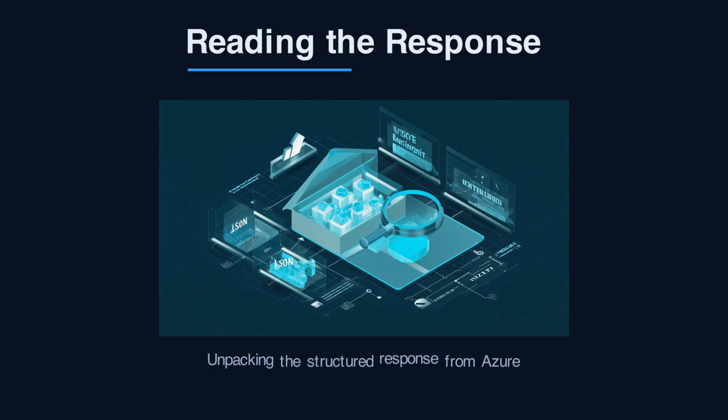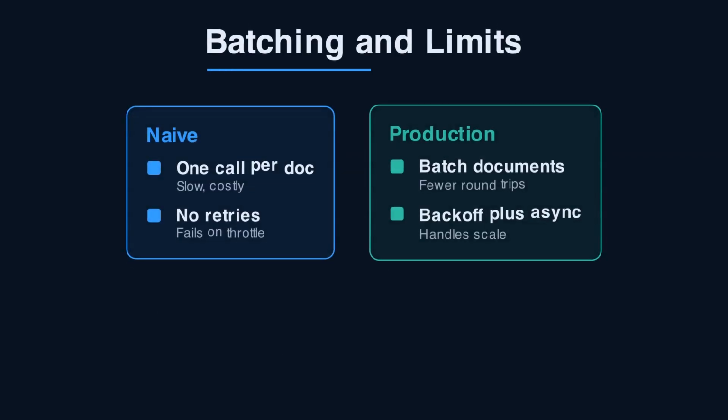Key phrases are simpler, just a flat list of strings with no scores. Critically, every result object also carries an is-error flag. Always check it per document, because one bad document, say one that's too long, fails on its own without throwing for the whole batch.